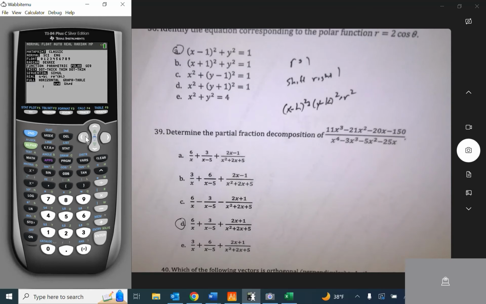Oops. Let me get back into function mode here. There we go. Function. Take pi, store it to x. Then we're going to type everything in. You know, there's a lot of things kids don't realize they could do.